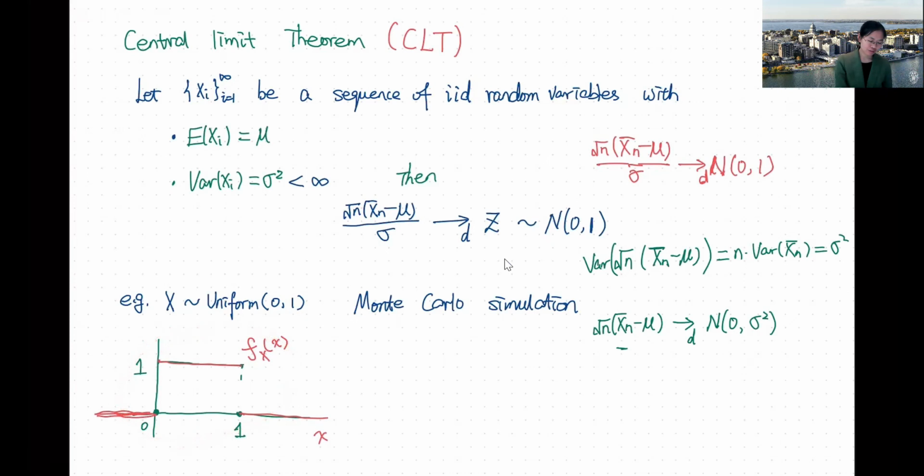However, when you draw a large sample from the uniform distribution and take the average of your sample, the average is going to behave like a normal random variable. And if you scale it properly, it's going to behave like a standard normal random variable. So let's do an Excel Monte Carlo simulation and see the central limit theorem in action for the uniform random variable.